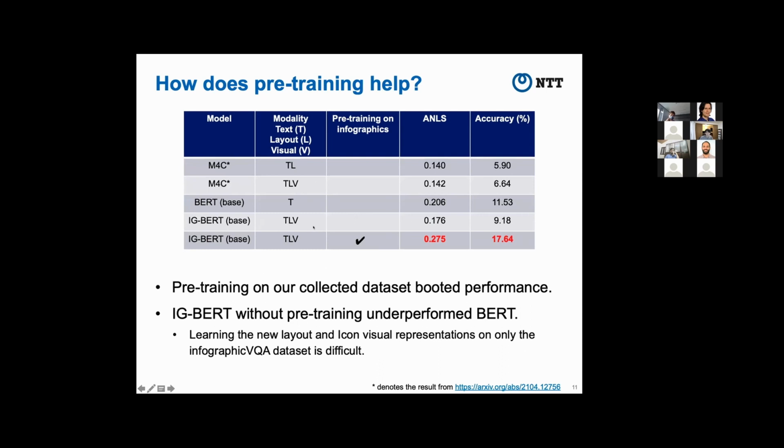However, compared with BERT, IGBird without pre-training failed to learn. So this indicates that learning the new layer, the icon visual representation, on only the InfographicVQA is difficult because the dataset is limited.